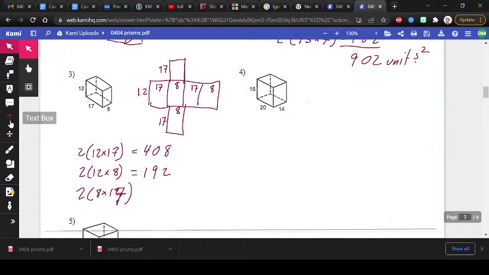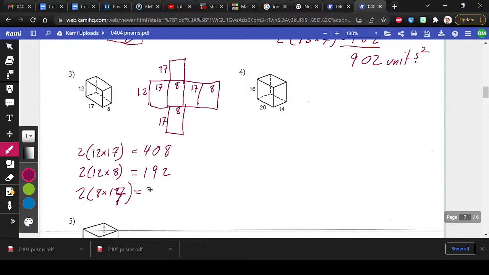Oh well. I'll just rewrite the answer. That was 272. So we add those three numbers together, 408 plus 192 plus 272, we get 872. And that's units squared.